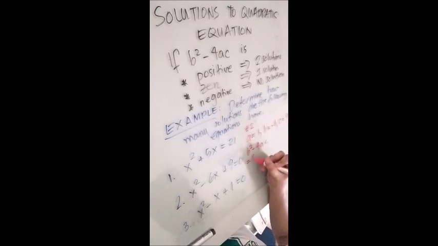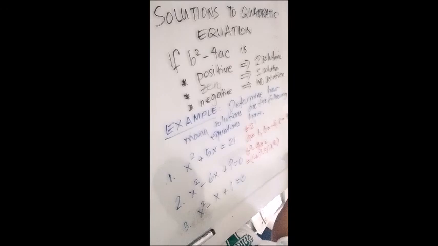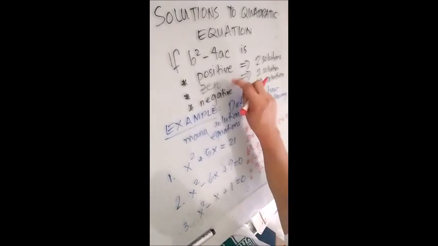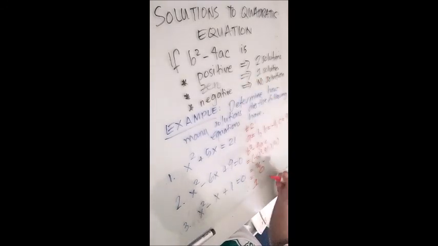B is negative 6 squared minus 4 times 1 times 9. Negative 6 squared is 36 minus 4 times 9, which is also 36. What is 36 minus 36? That is 0. So what does it mean if it is 0? Therefore there is one solution.